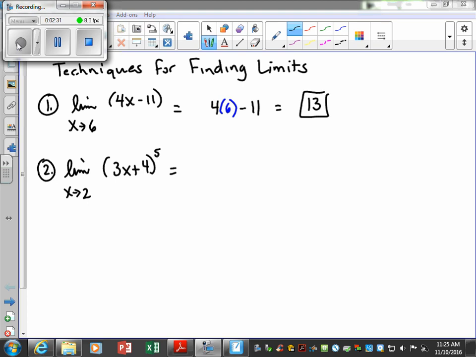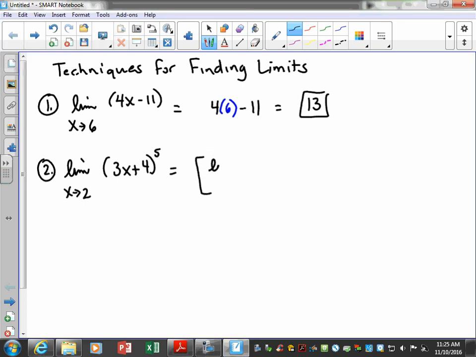Okay, our theorem allows us to rewrite this. It's the limit of our function as x approaches 2, and then raise that entire thing to the 5th power. Okay, so within here, what can we do? Direct substitution to evaluate that.